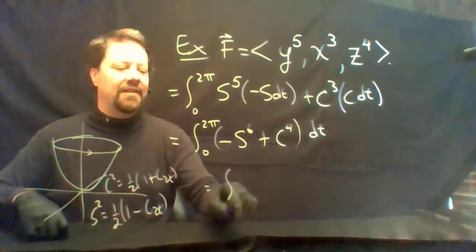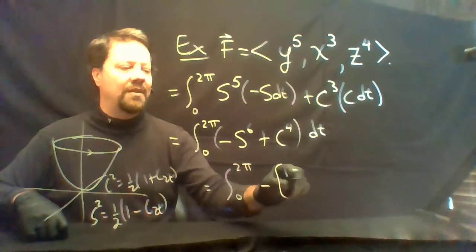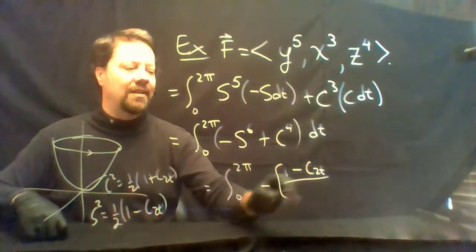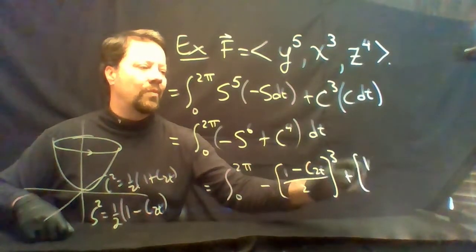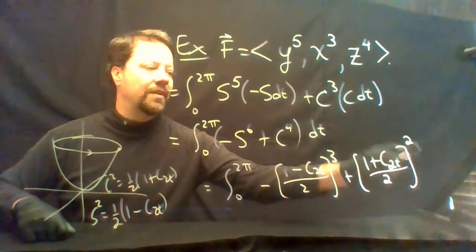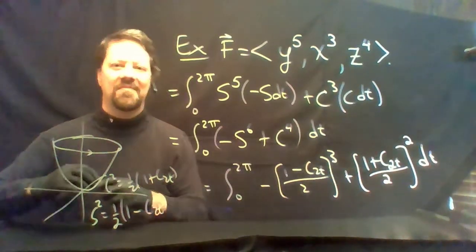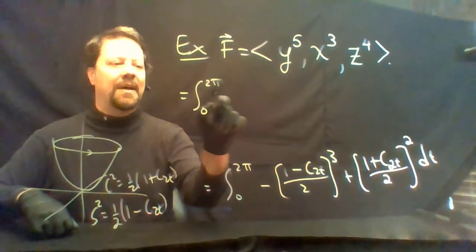We'll have the integral from 0 to 2 pi of minus ((1 minus cosine 2t) over 2) cubed plus ((1 plus cosine 2t) over 2) squared, all times dt. This gives us the integral from 0 to 2 pi.